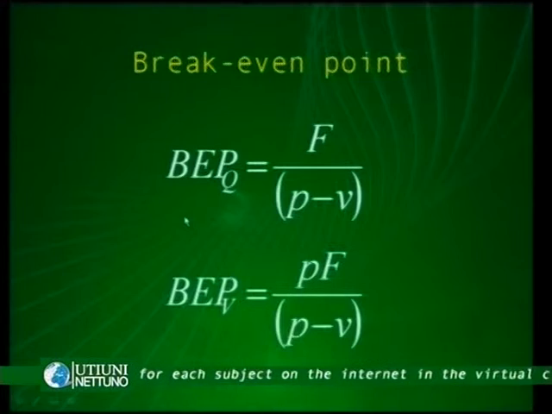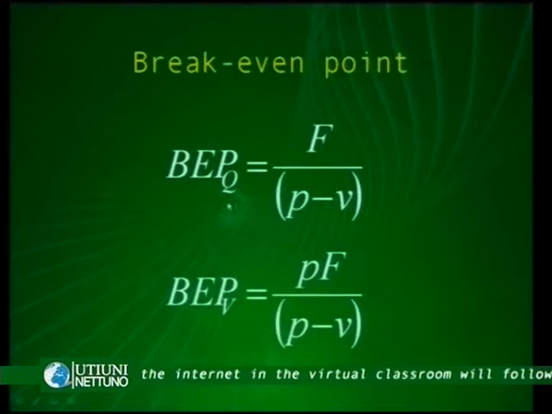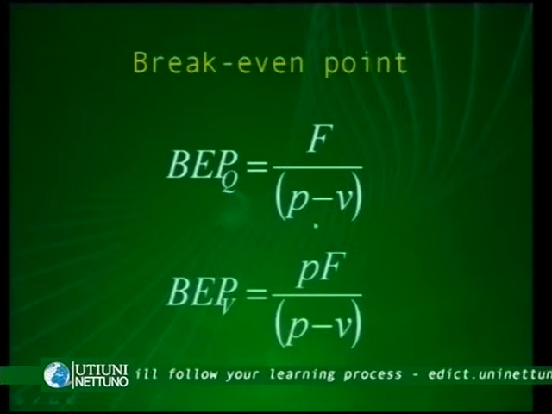So the break-even point can also be analyzed from a formal point of view, and we can analyze the break-even point both in terms of volume and revenues. In terms of volume, the break-even point will be reached for the value represented by this ratio.